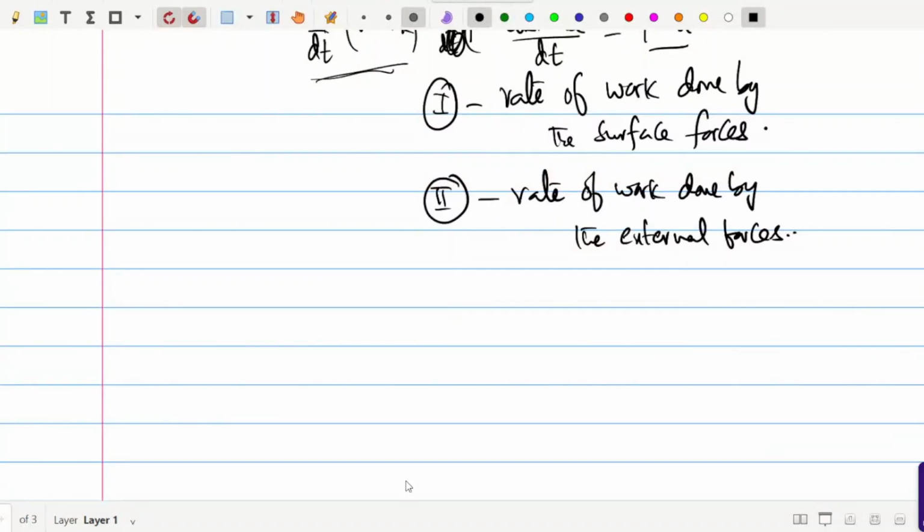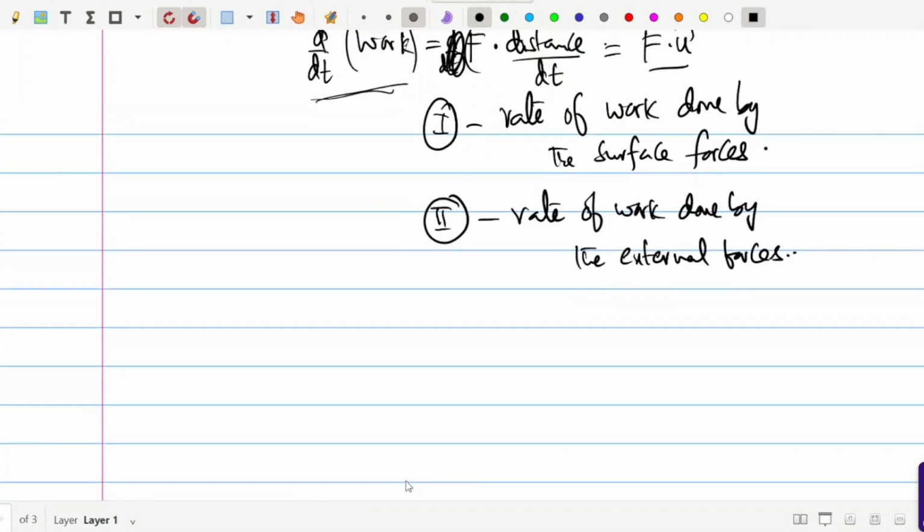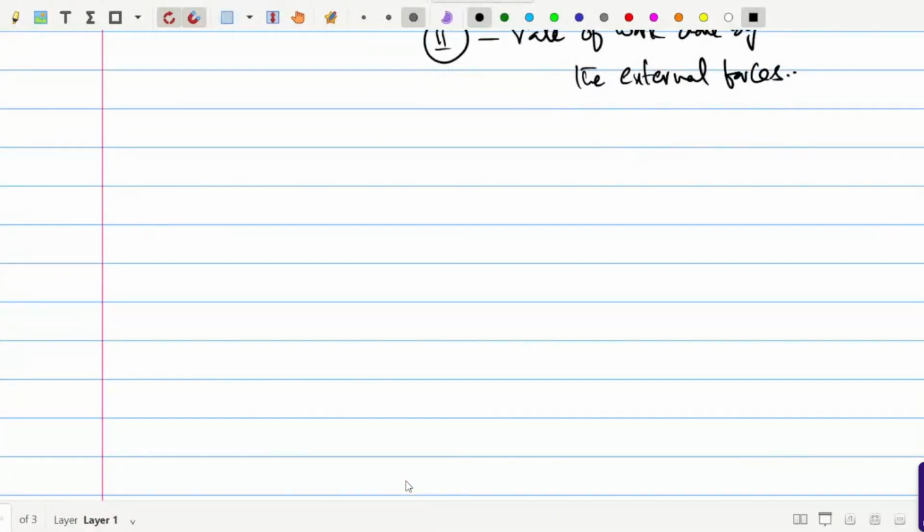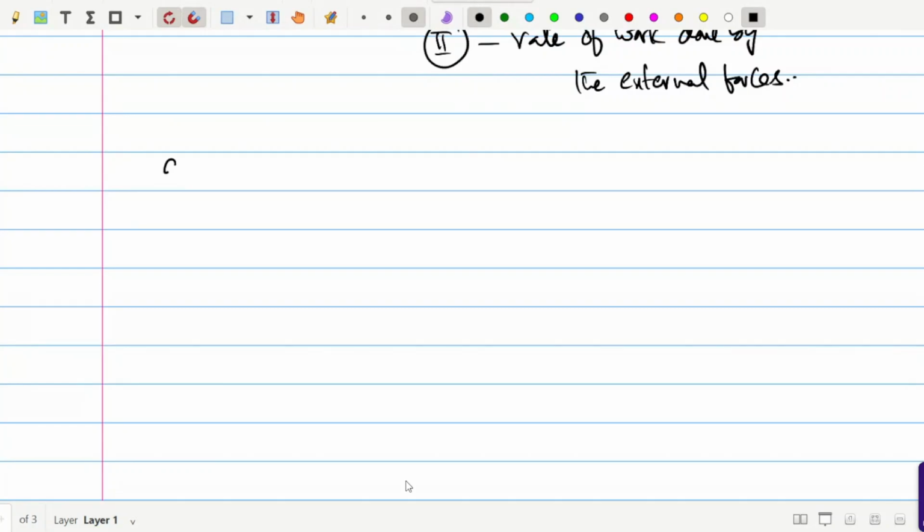So what is the left hand side? The left hand side is the rate of change of kinetic energy. Let me write it as d/dt of kinetic energy, which we wrote as the integral of half rho times the norm of u squared dV. Now the transportation theorem you can apply.